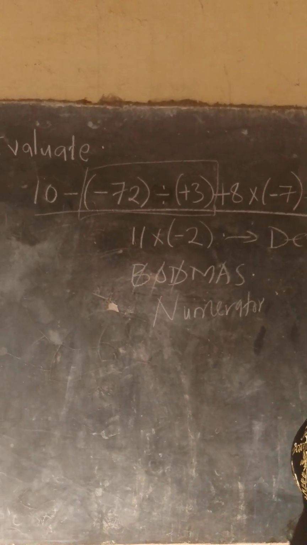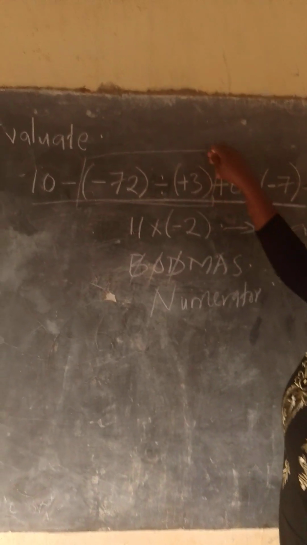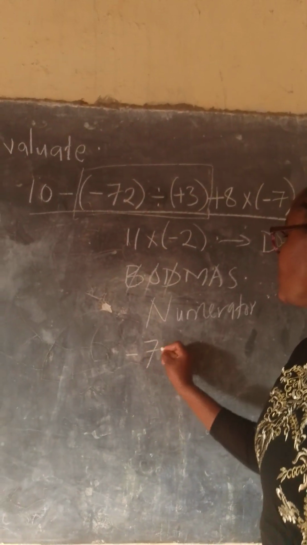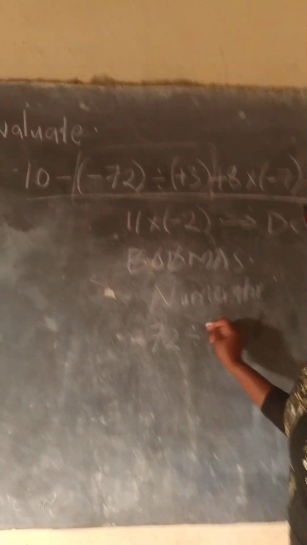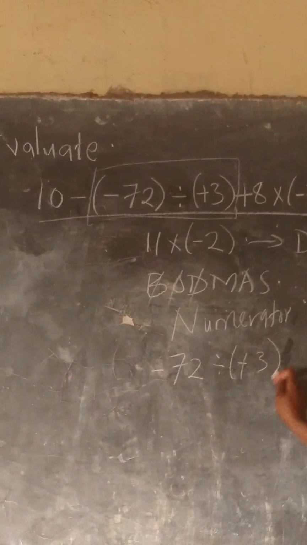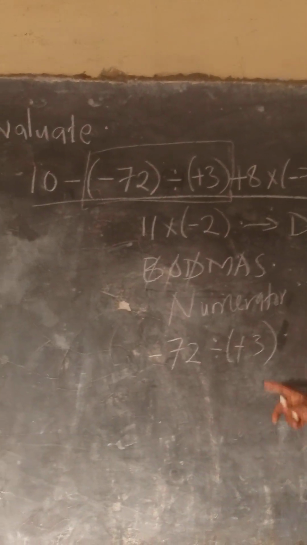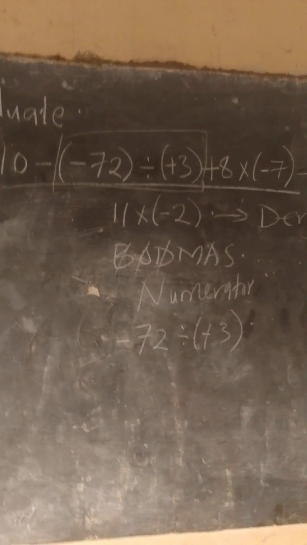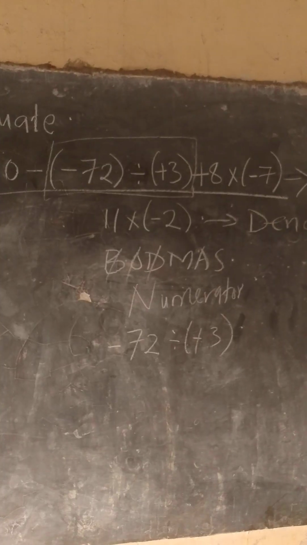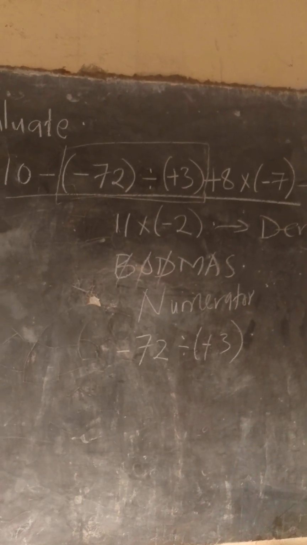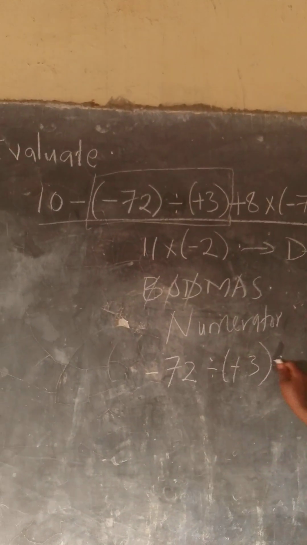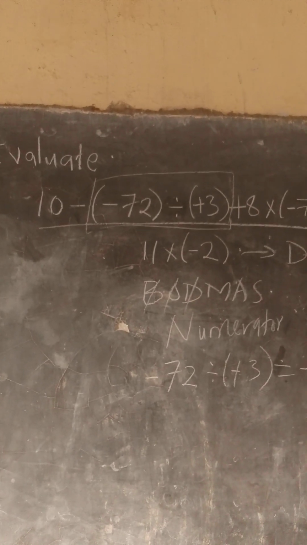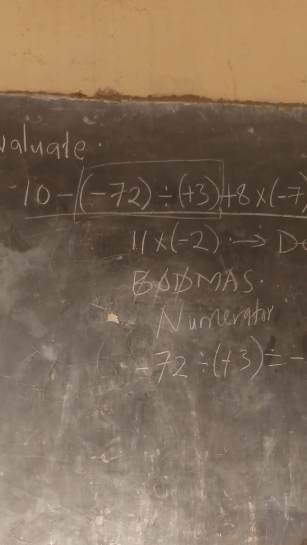Starting with the numerator, we have the division of negative 72 divided by positive 3. A negative integer divided by a positive integer, we expect our solution to be negative. Therefore, this will be negative 24.